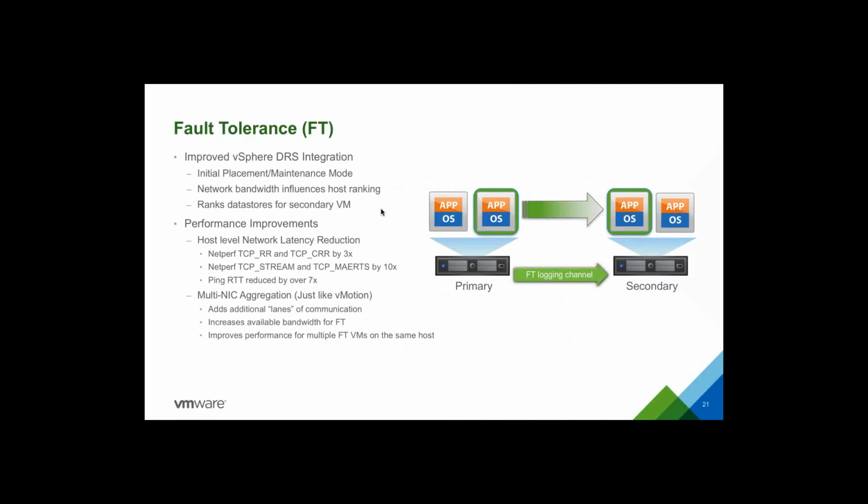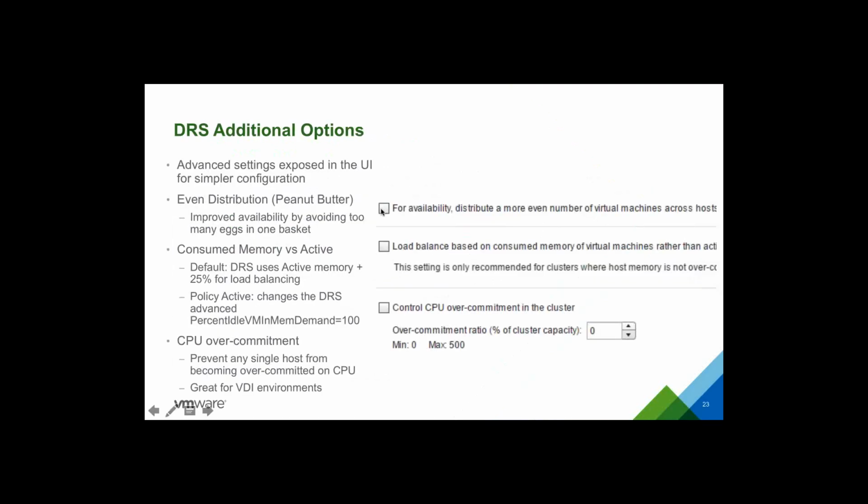All right, jumping into DRS. A couple of advanced features that used to be advanced settings in the product, which you would have to apply manually, we're now bringing over to the UI, so it's a simple, easy-to-do checkbox, and it applies to the whole cluster.